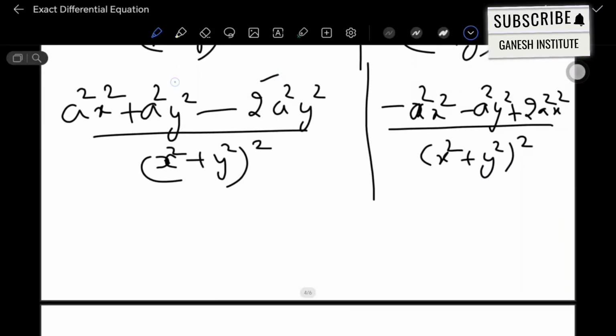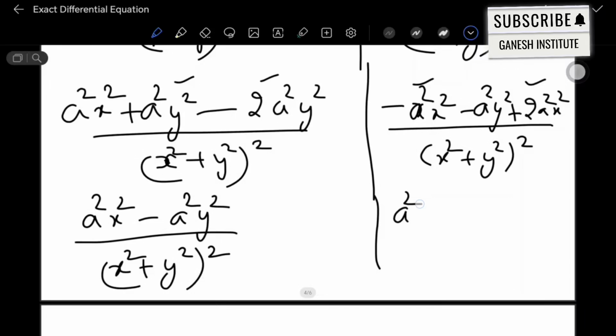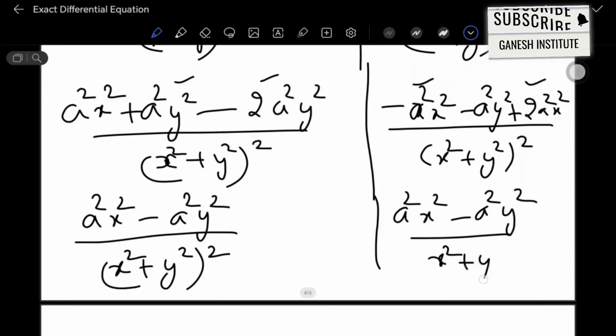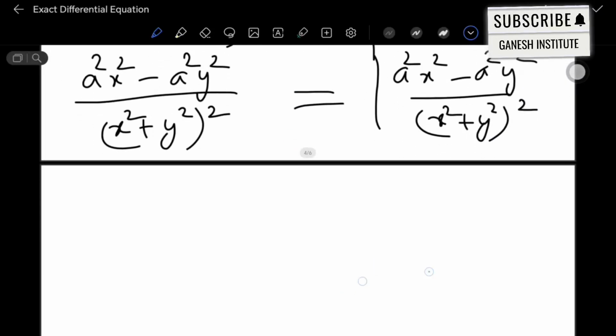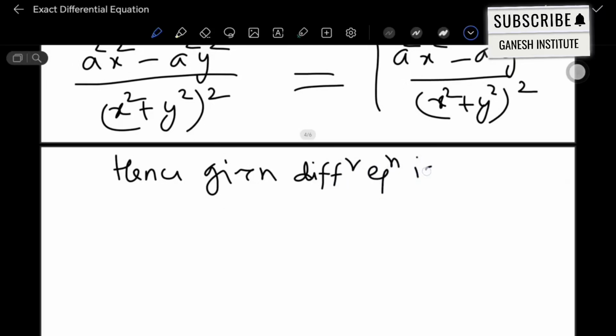Now 2 minus 1 is minus a square y square. Here 2 minus 1 is 1, a square x square minus a square y square on (x square plus y square) whole square. So can you see these both are equal? And if these are equal, we can certainly say that yes, the given differential equation is exact.